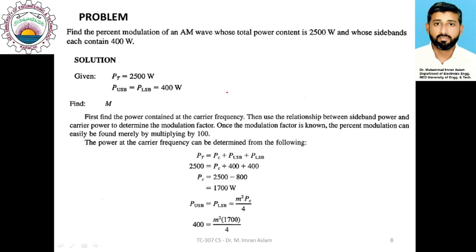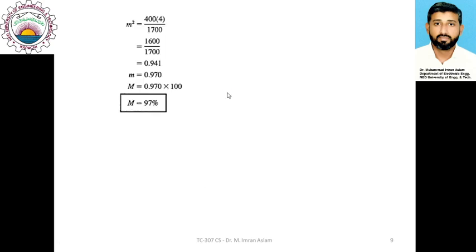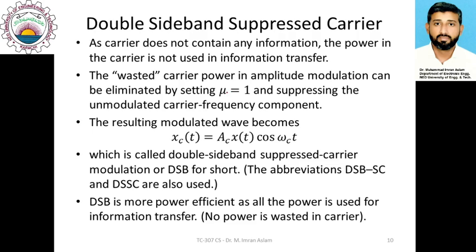The only power which contributes to the information transmission is the upper sideband and lower sideband powers. Because the carrier does not contain any information, carrier power in a sense is wasted, because it is not contributing to any information transmission.